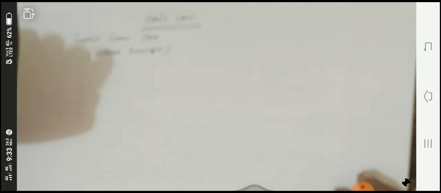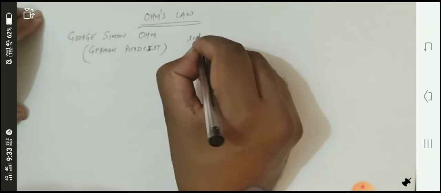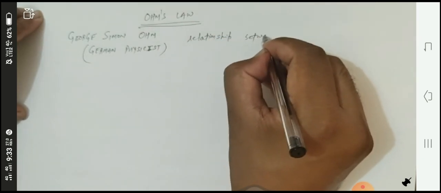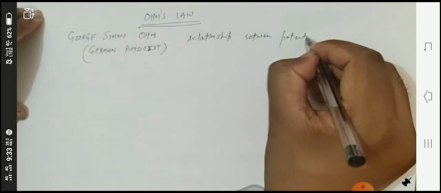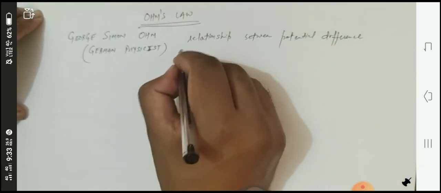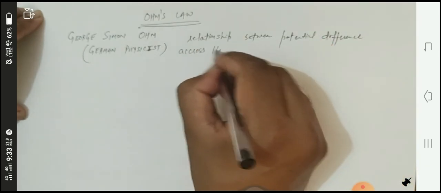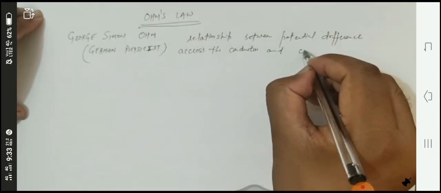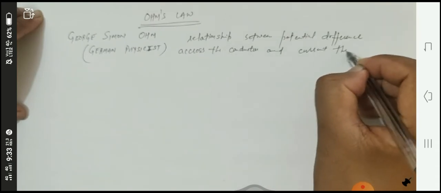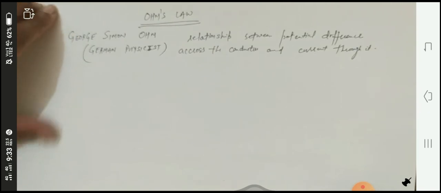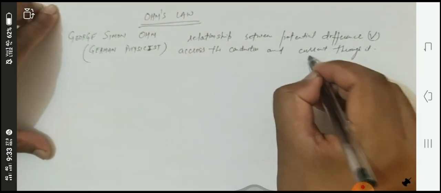Actually, he studied the relationship between the potential difference across the conductor and current through it. So actually, he gave the relationship between the potential difference, that is V, and current I.